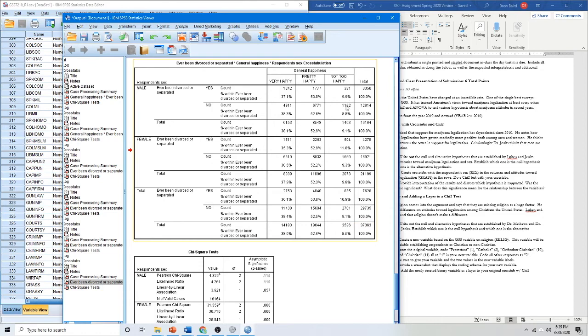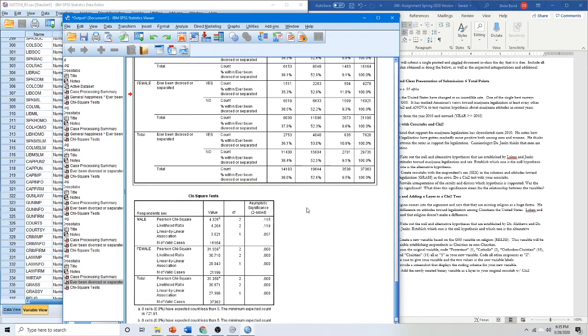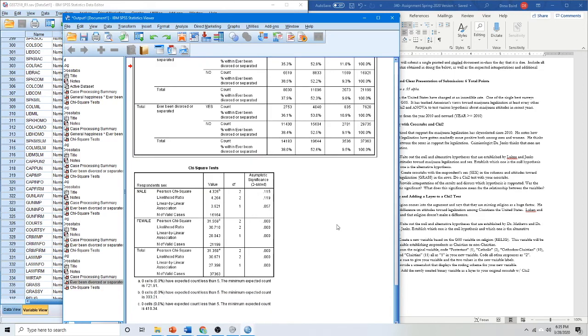There's about a 1% difference in the not too happy category between divorced and never divorced for males. But for women, that's substantially higher. It's up towards 3%. And so you see bigger differences over here as well. That is something that is interesting.